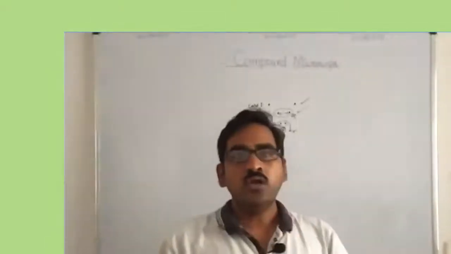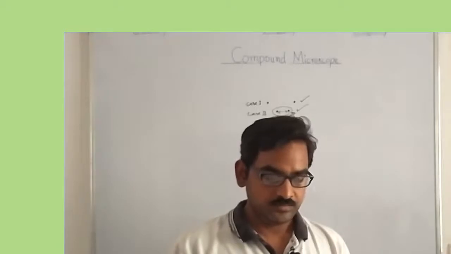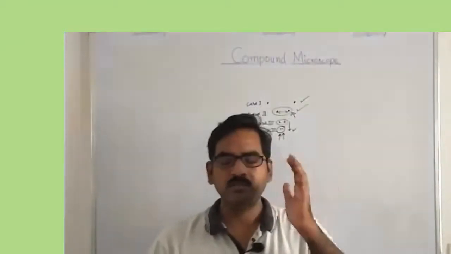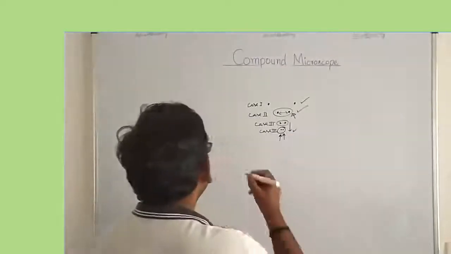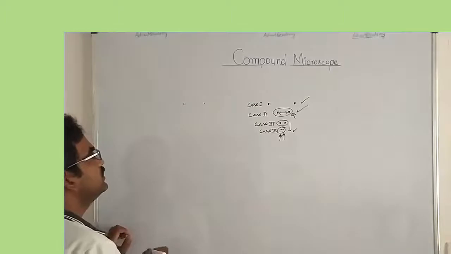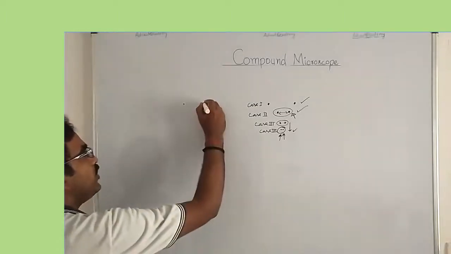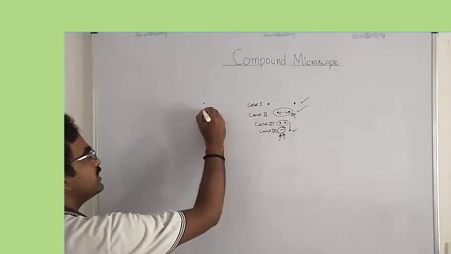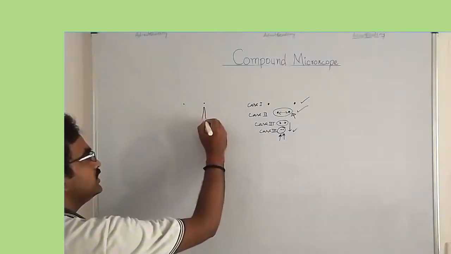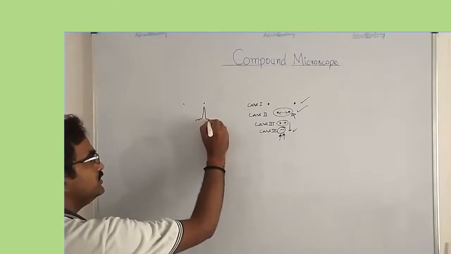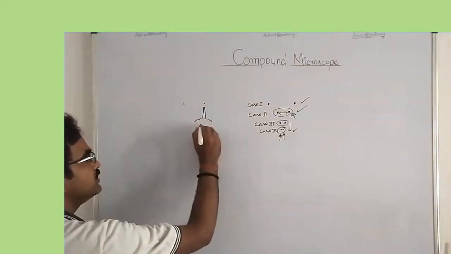So George Airy gave the concept that if suppose this is a dot and this is another dot, every dot has maximum intensity at the center and further the intensity declines.